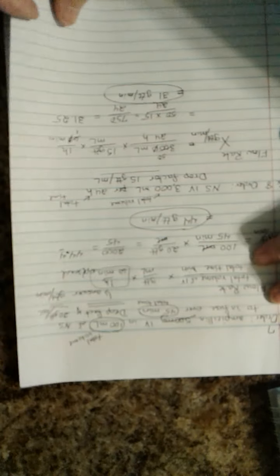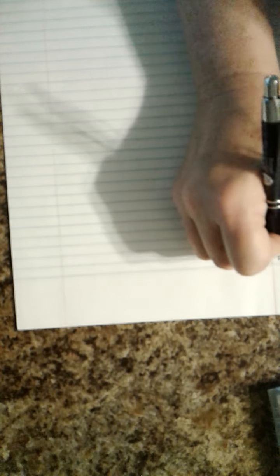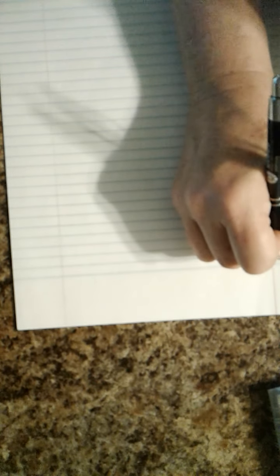So we're going to look at a couple more of these. We're going to look at number 11. 9 and 10 are similar to what we've been doing. So we're going to look at example 11.